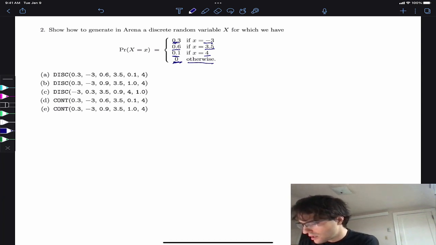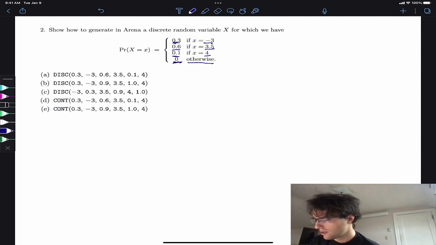And so this is really more of an Arena question, and I believe a question like this was asked on one of the previous homeworks, as well as maybe a previous exam. But basically, you just need to be familiar with how Arena syntax works.